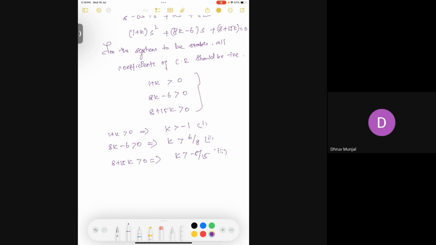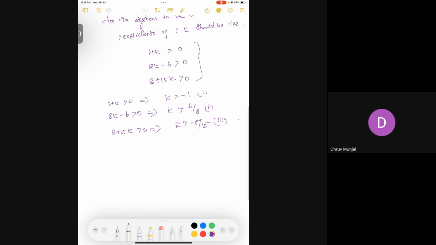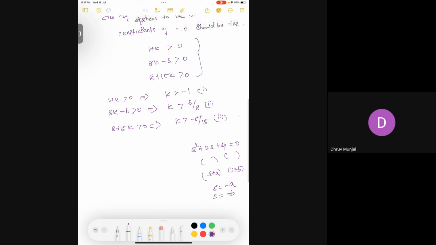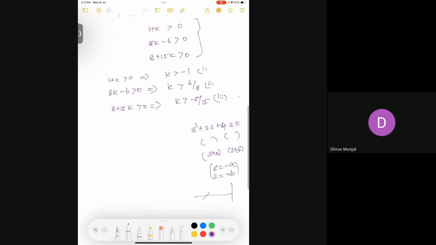Now, why should the coefficients be positive? For example, if you take this transfer function equal to 0, when you find the roots or characteristic roots of this equation, it will give you s plus a, s plus b. So when you find s is equal to minus a, s is equal to minus b, this will put your poles in the left half of the s plane. Whenever the poles are in the left half of the s plane, then only your system is stable.